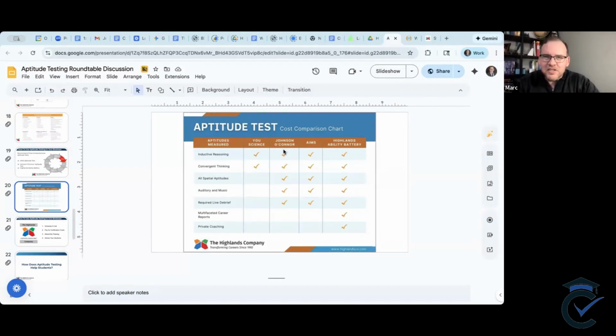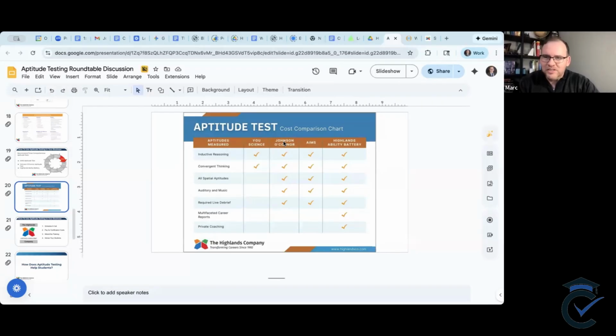Next is you don't use it at all, but you refer your clients to an institution or a research foundation that measures aptitudes. The only two that I personally would recommend are the Johnson O'Connor and the Ames. Johnson O'Connor is like the great great grandmother of aptitude testing.